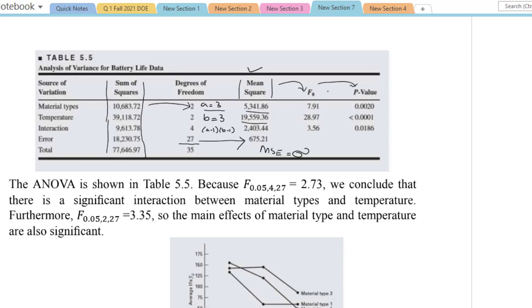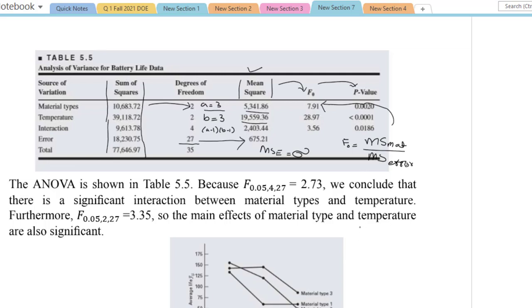Then how will we calculate the F naught? I have also told in the previous video that F naught will be calculated by dividing the respective mean square. Means if we want to calculate the F naught value for material, we will divide the mean square for the material by mean square of the error, and we will get this F naught value 7.91.